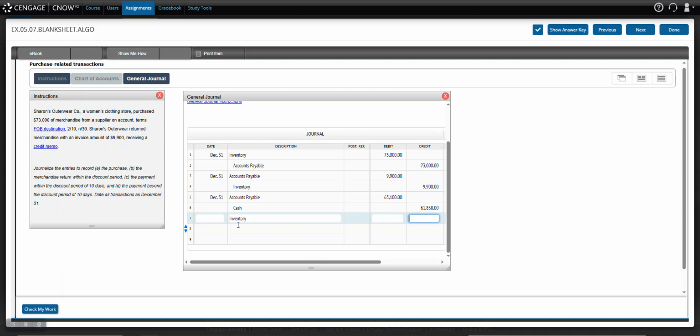The difference between how much I actually gave them in cash and how much I technically owed them in this case is $1,262, so it shows as a reduction to my inventory. And if we couldn't pay them within that 10-day period, I'd still get rid of my accounts payable of that $63,100, and now I would owe them the full $63,100 in cash.